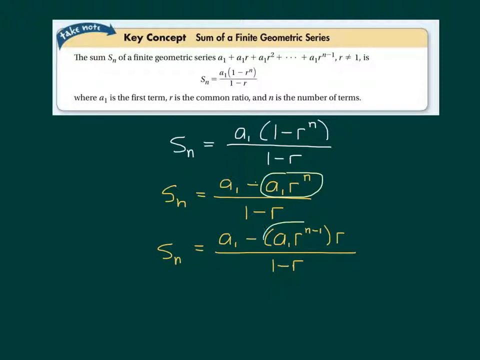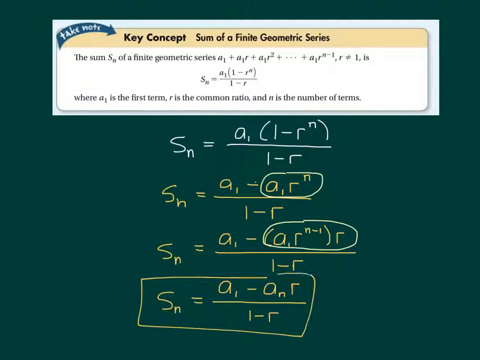So make sure you're comfortable with that. Right. a1 times r to the n minus 1, that's an. So this is an alternate form of this equation.